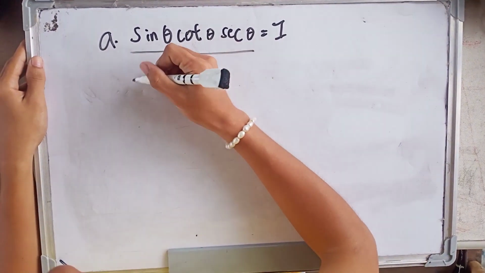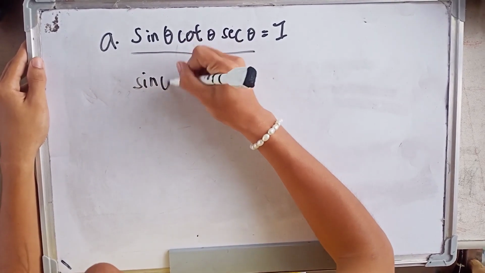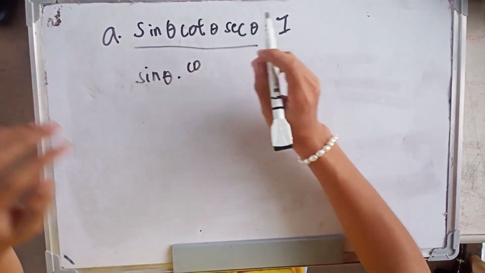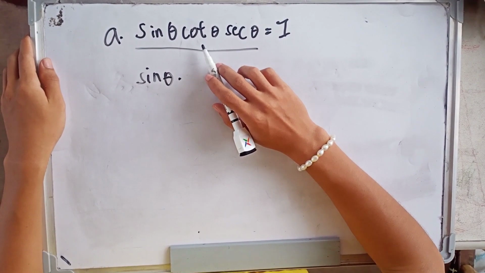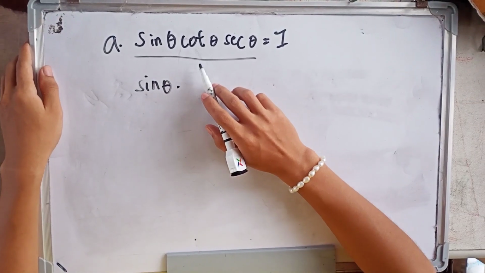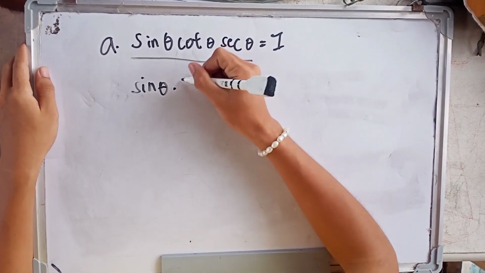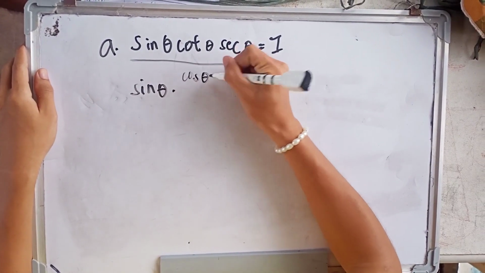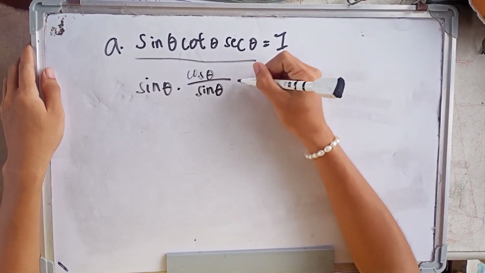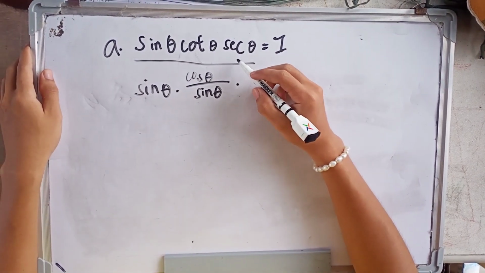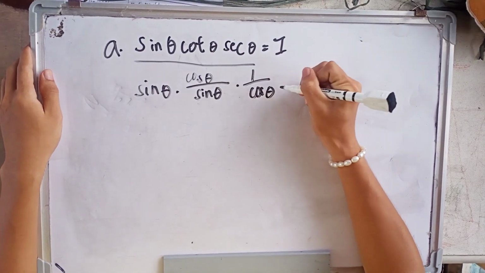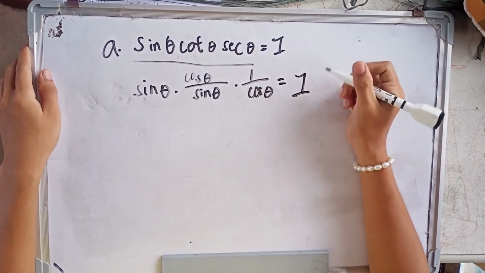So step 1. Sine theta. In the quotient identities, the cotangent theta is equal to cosine theta over sine theta. And times, in the reciprocal identities, the secant theta is equal to 1 over cosine theta.